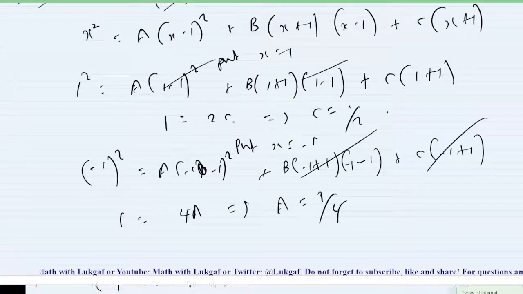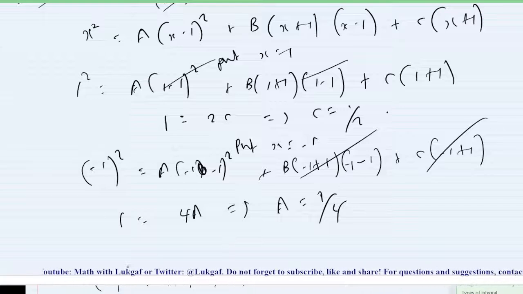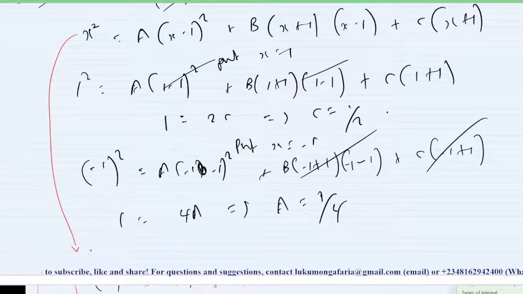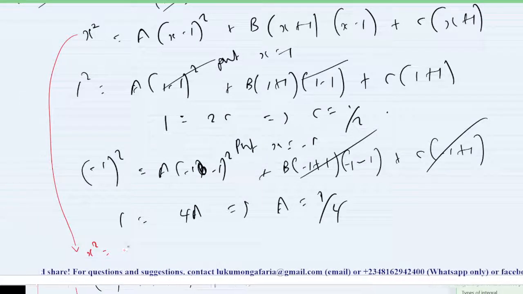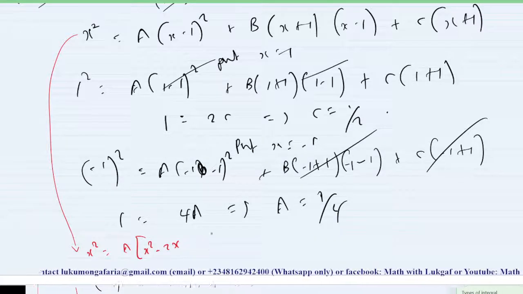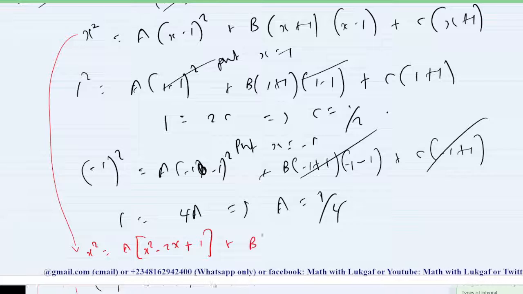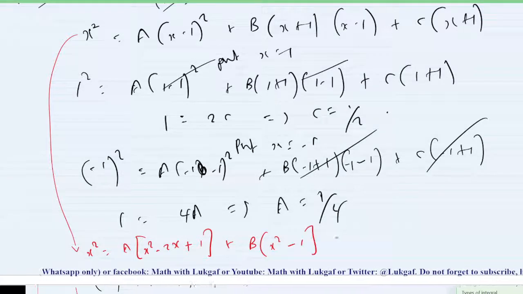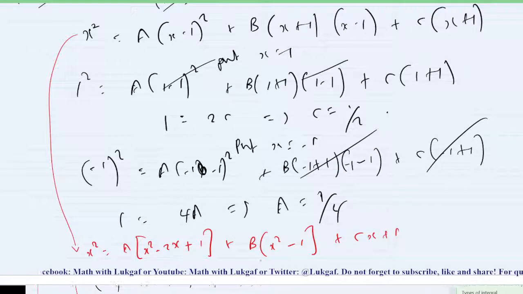on both sides. So if I expand this, s squared equals A times (s squared minus 2s plus 1). This is the difference of two squares, that's B times (s squared minus 1), plus C(s plus 1).